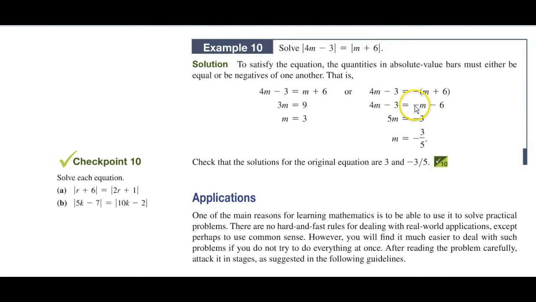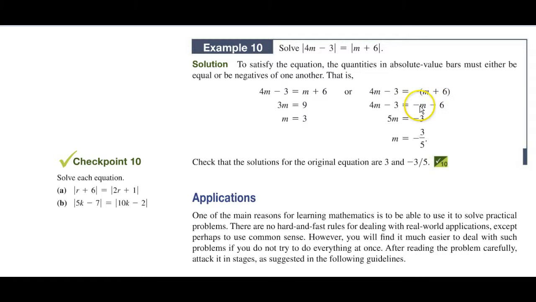So then what's inside the parenthesis, both of these change their sign. So this becomes a -m, this becomes a -6. This step is crucial, so be sure to change both signs.